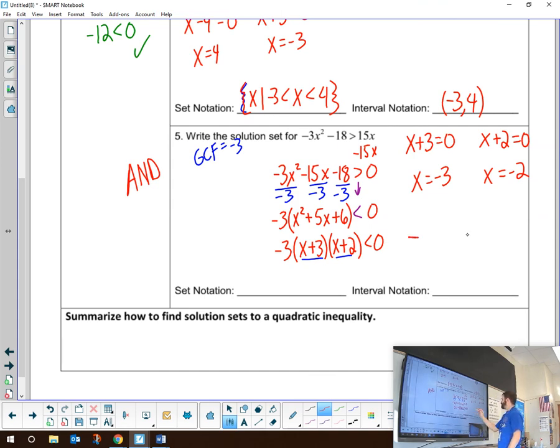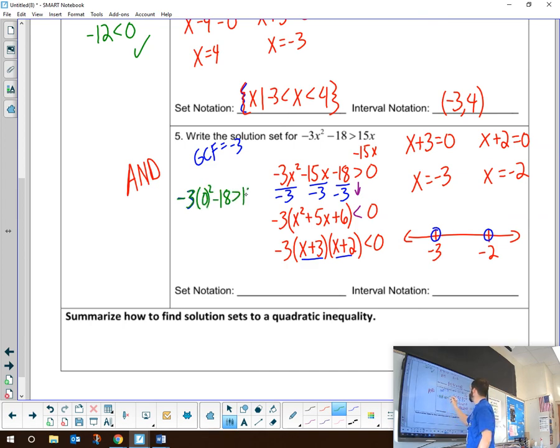Okay, so on my number line, we're going to have a point at negative 3 and we're going to have a point at negative 2. I am going to circle both of these. And now we need to decide, are they going to come together or apart? So we plug 0 back into my original equation. We go negative 3 times 0 squared minus 18 is greater than 15 times 0.